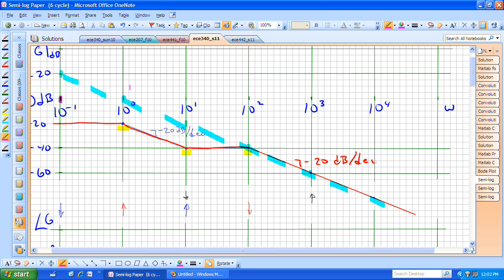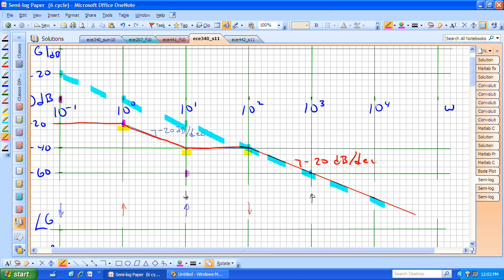We are going to be at 0 dB due to the pole at the origin and minus 20 because of the original curve. Then at a frequency of 10, we will have, due to the pole at the origin, a minus 20 dB contribution. We're already at minus 40. That means we'll be at a minus 40 plus a minus 20, or a minus 60.